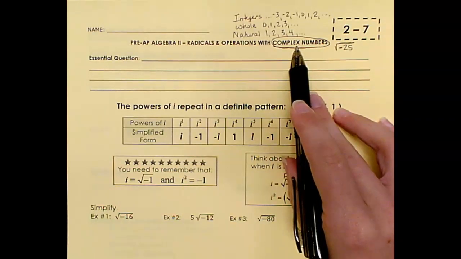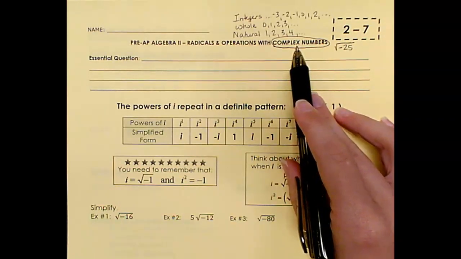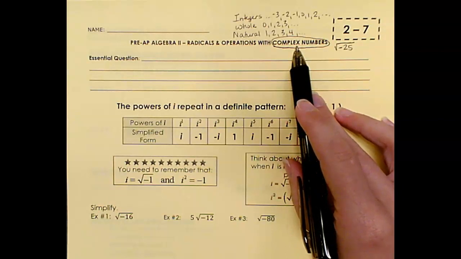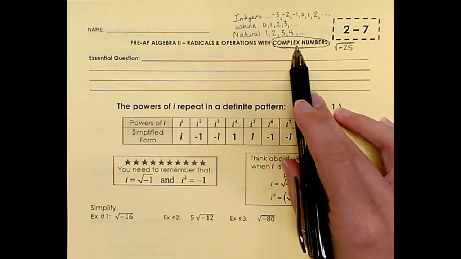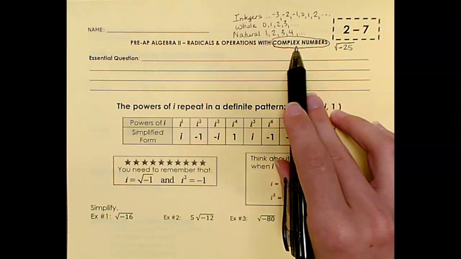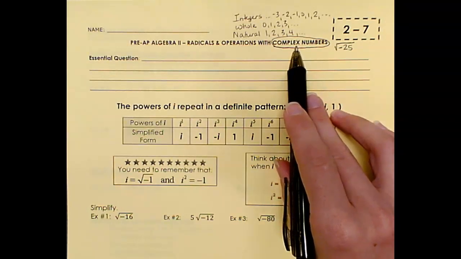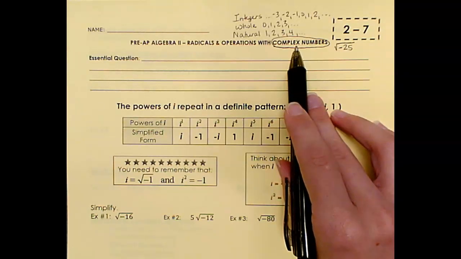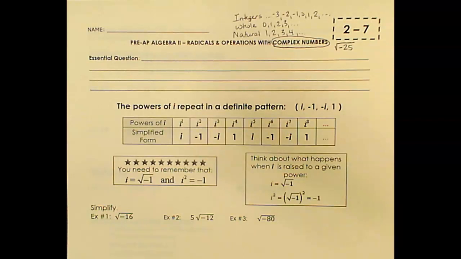So now we're going to talk about complex numbers, and our essential questions are: what is an imaginary number? Imaginary and complex are synonyms. So what is an imaginary number? How do we use it when simplifying radicals? And in general, how do we simplify radicals? So go ahead and copy your essential questions. What is an imaginary number?